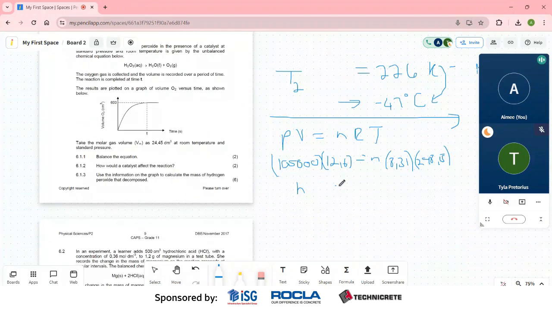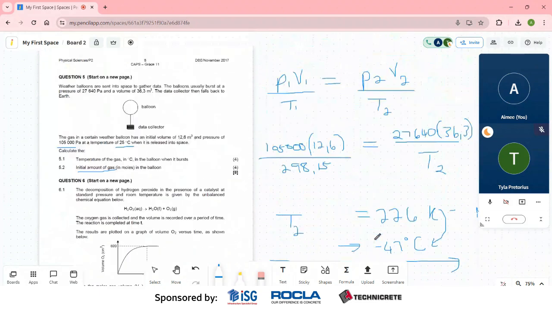Again, you manipulate your equation, you make n the subject of the formula, and you get 534.25 moles. And that's your final answer. That was for 5.2.